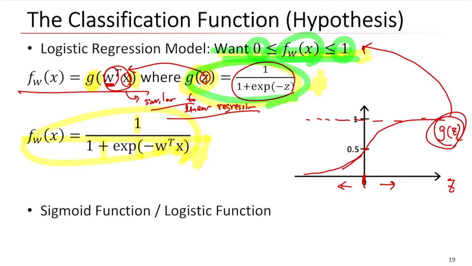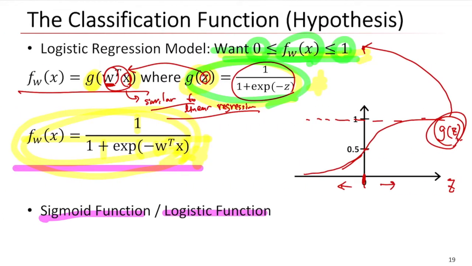But from the literature, people found that this form of logistic regression is the most powerful representation compared to other nonlinear functions. So that's why we use it for classification problems. This mapping function is also called the sigmoid function or the logistic function. Anyway, from now on we can use this mapping function for the classification problem.